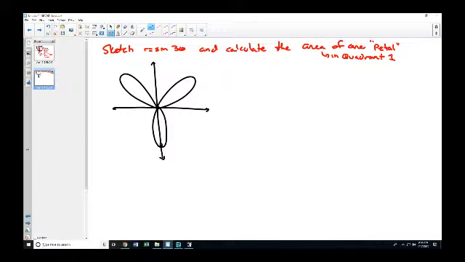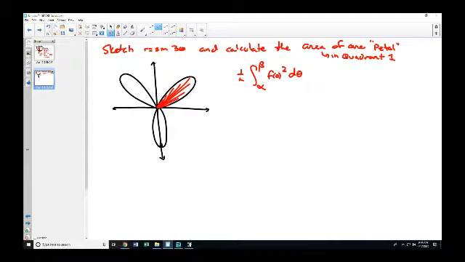Here's the question. You want to find the area of one petal. Remember, we're sweeping the area now. How do we get from here to here? 30 to 45 degrees? You're guessing.